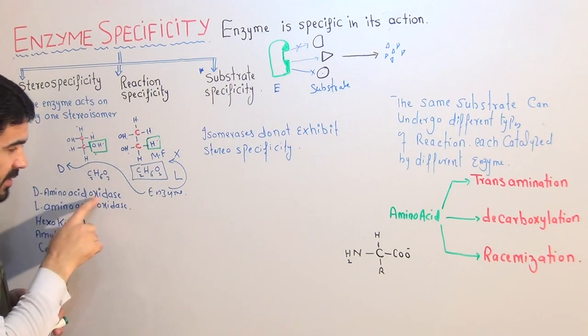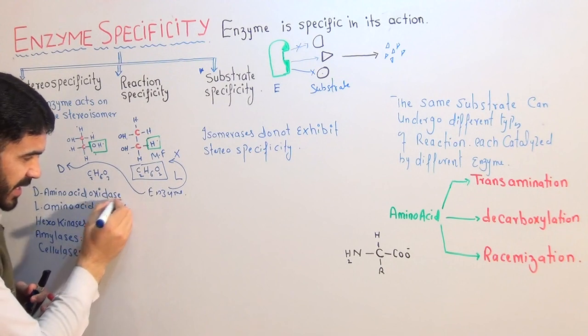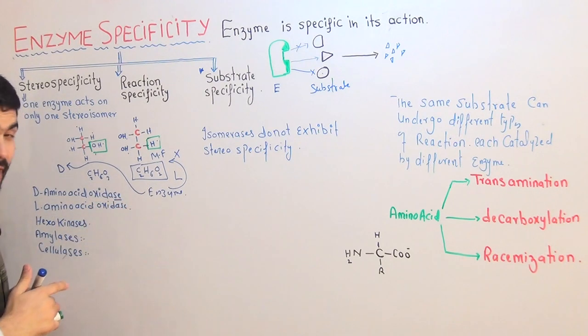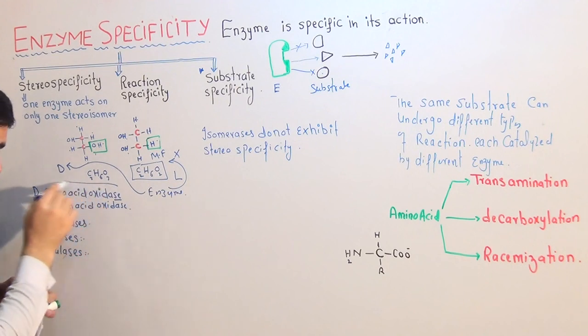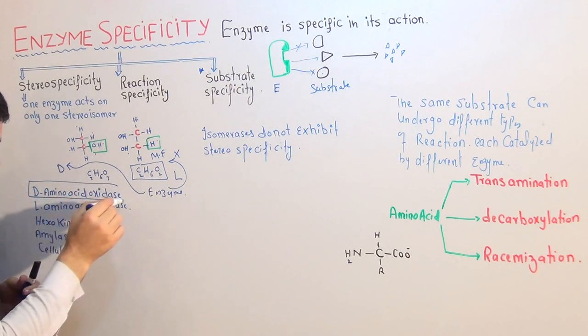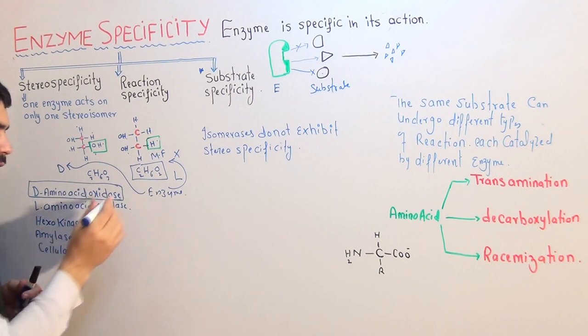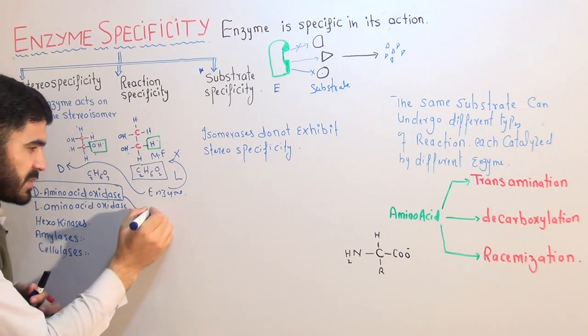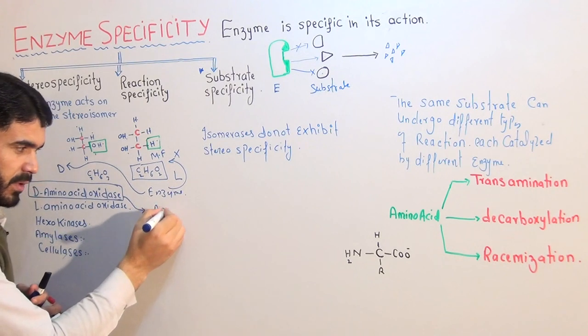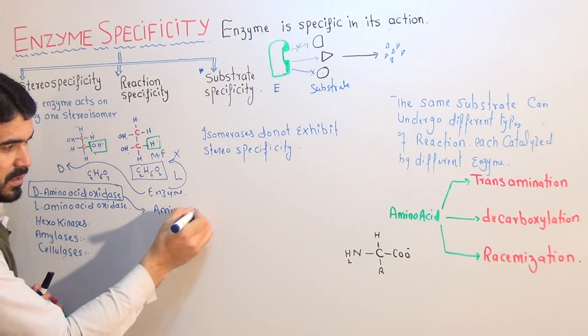D-amino acid oxidase. Look, when there is an 'ase' at the end of a name, it means this is an enzyme. This is the name of an enzyme. And what is this enzyme acting on? This enzyme is acting, of course, on amino acid.